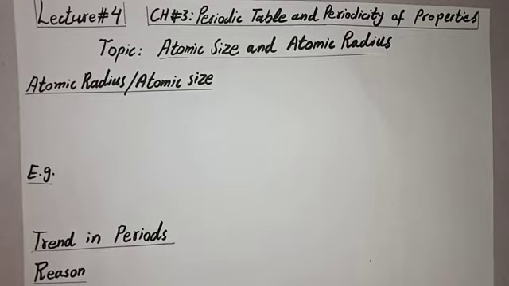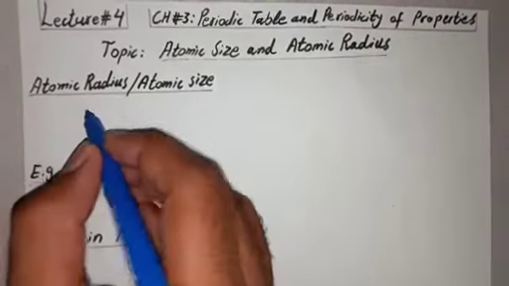So atomic radius or atomic size is a distance.